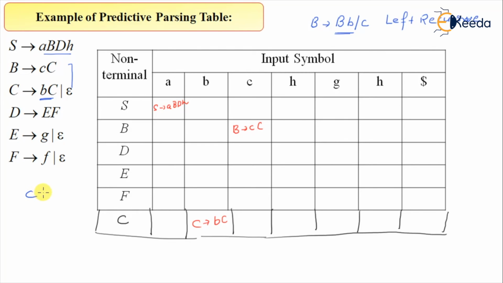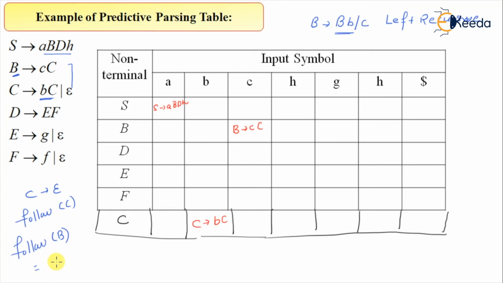C derives epsilon will go where? Follow of capital C. What is follow of capital C? Follow of capital C is follow of capital B, follow of B. Okay, follow of capital C is follow of capital B, and follow of B is first of D, which is G, F and epsilon.